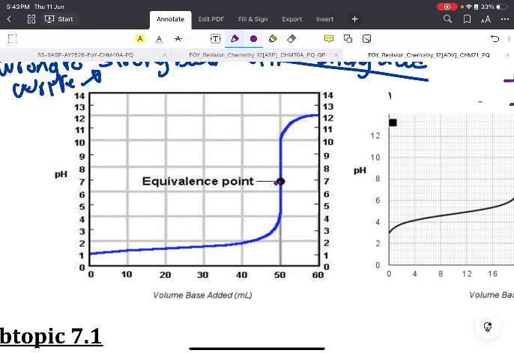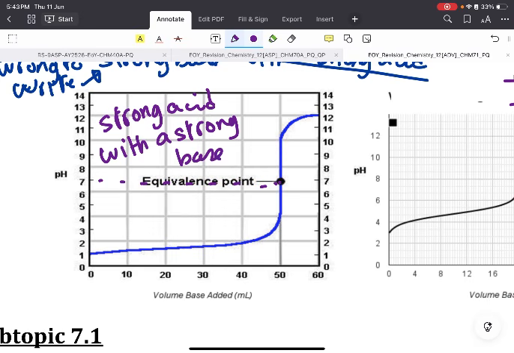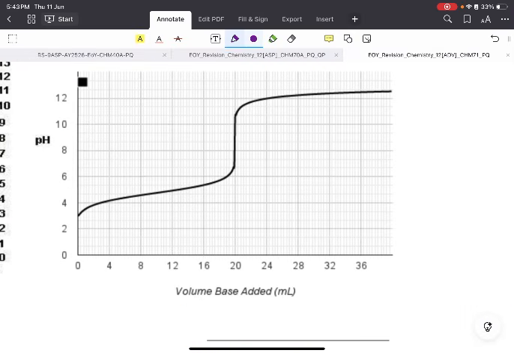Look at this titration curve. The equivalence point is at 7. So this is the titration of a strong acid with a strong base. The volume at equivalence point is 50 milliliter, and the pH at equivalence point is 7. Let's look at this other graph. There's a jump, and the pH in the middle is not 7.